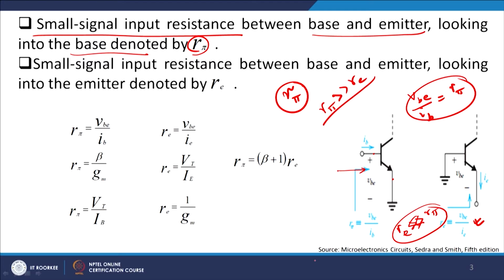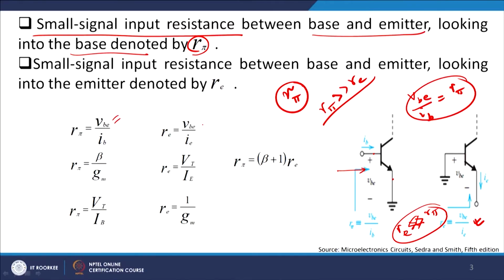Fine. So R pi is equal to VBE by IB. This is also equal to VBE by RE. So what we can write down is that it is equal to beta by GM. I will show you how. If you remember, the definition of GM was del IC by del VBE.